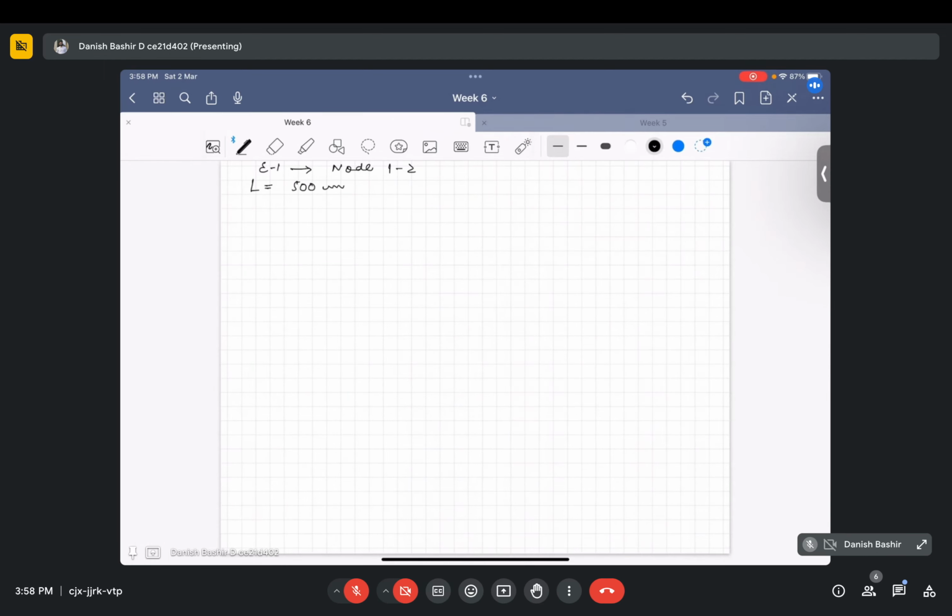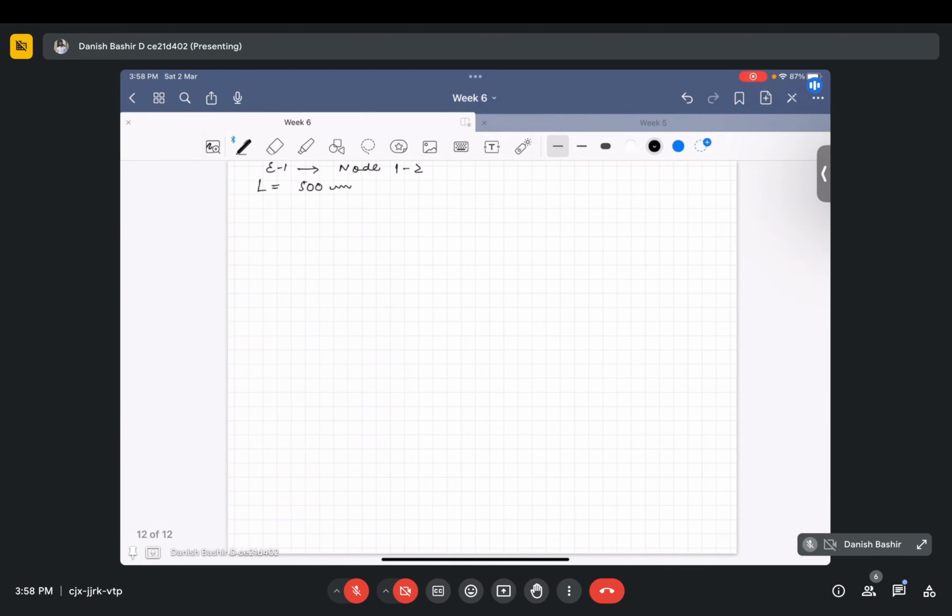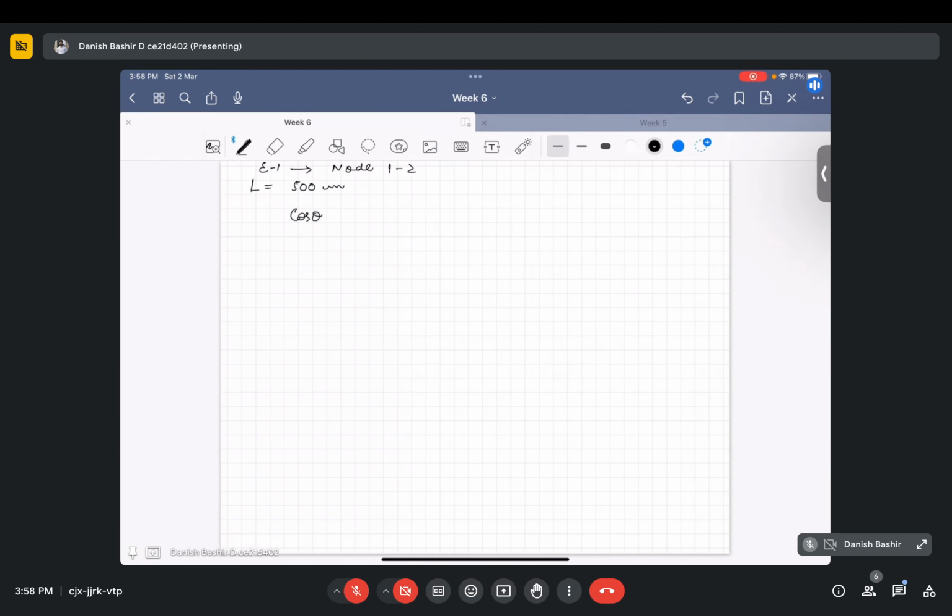And our other things will be cos theta. We have to find this theta. Then cos theta will be 3 by 5, and sin theta will be 4 by 5. You can easily see it from the figure.